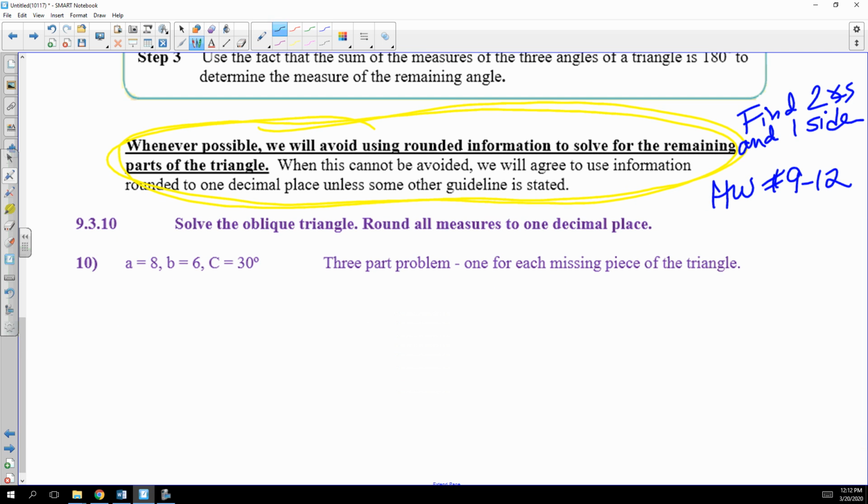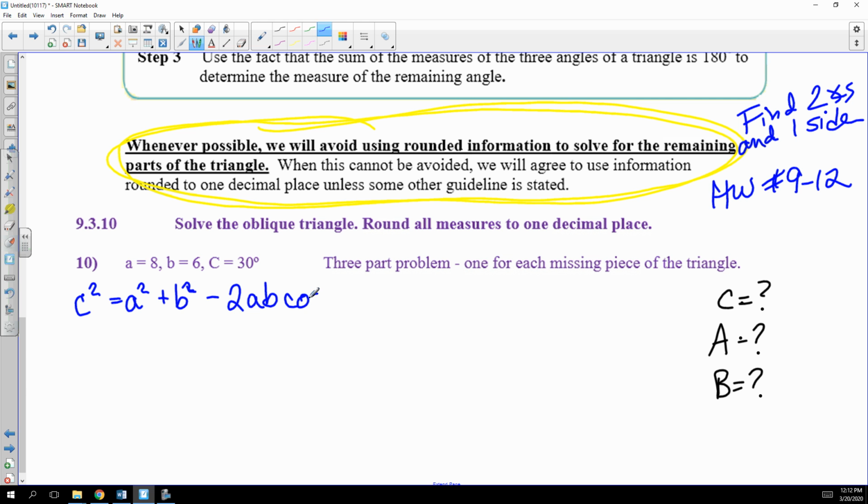In this case, we are missing side C, angle A, and angle B. The first thing I'm going to do is set it up to find side C. I'm going to use the formula on the other page: C squared is equal to A squared plus B squared minus 2AB cosine of C.